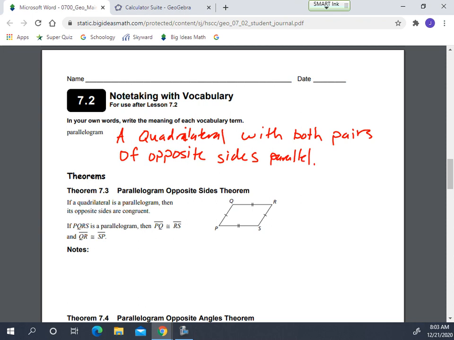That's the book's definition of a parallelogram.